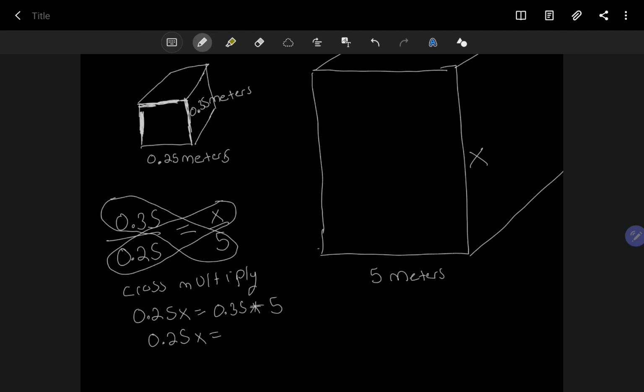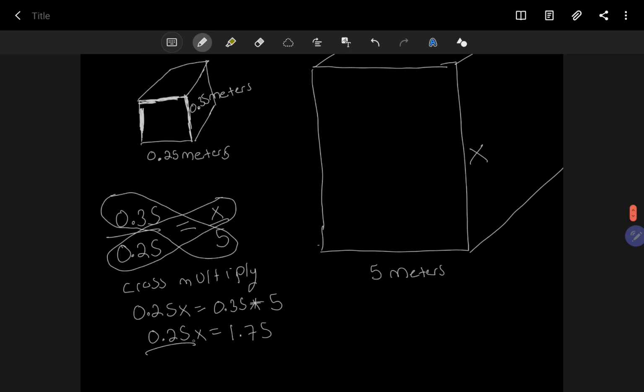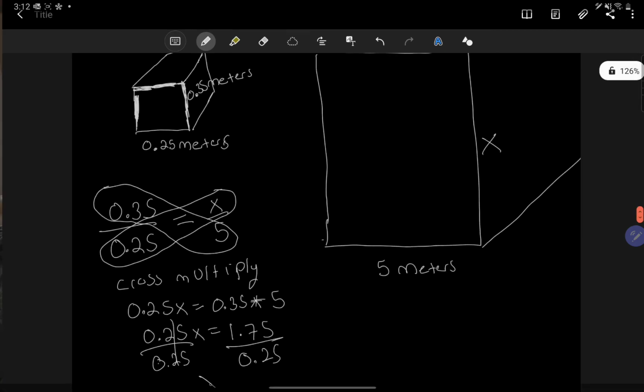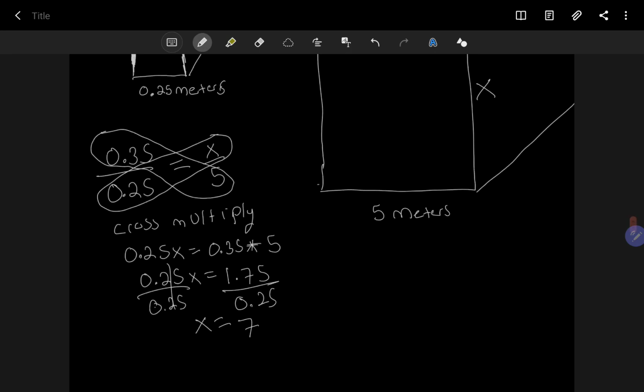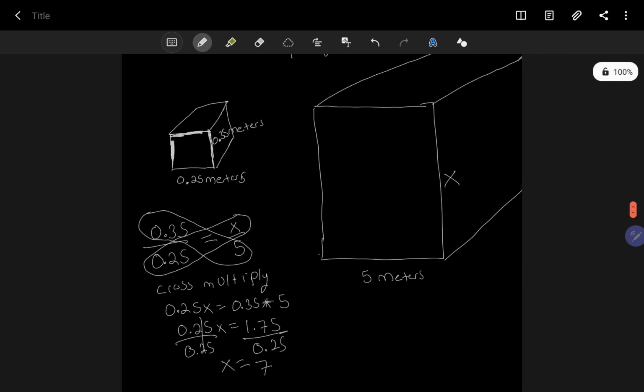What is it? 1.75. Cool. And so what's my last step? Divide by 0.25, yep. So x is equal to, there you go. So this measurement right here has to be 7 meters.